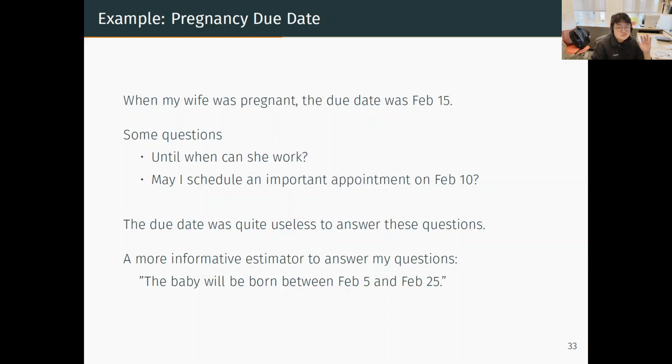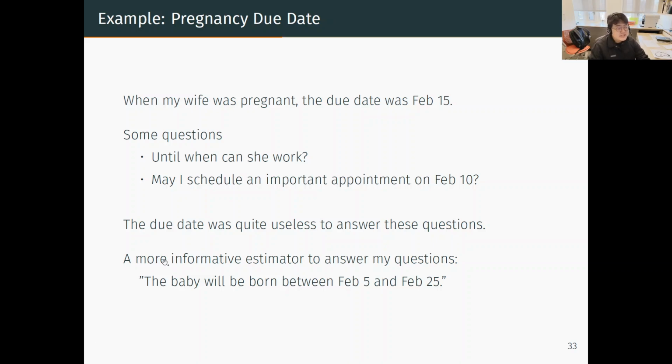It's very likely to be wrong, and so it does not guarantee that she can work until the day before the due date, right? You need to have more of a buffer, because we know estimation error will happen.